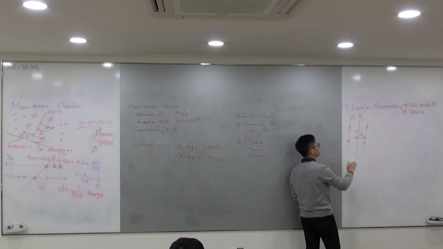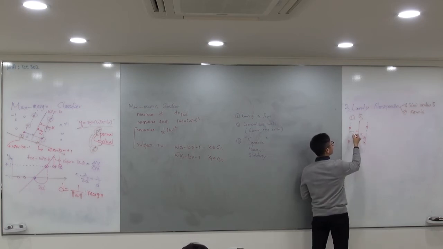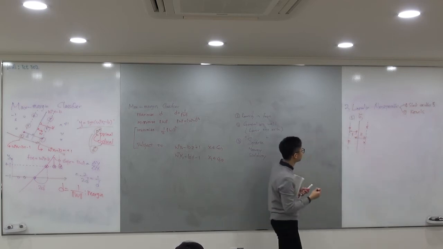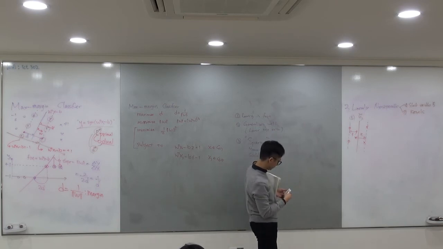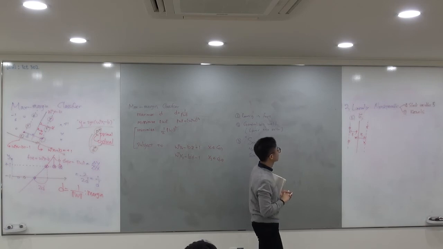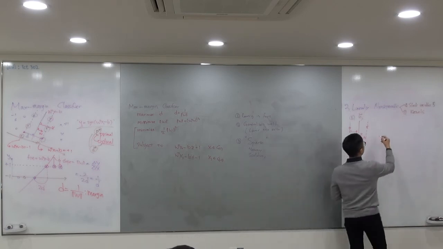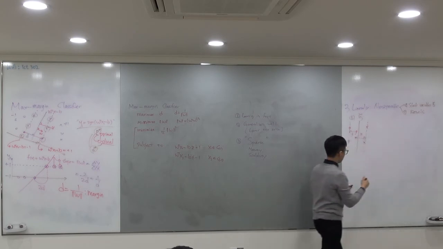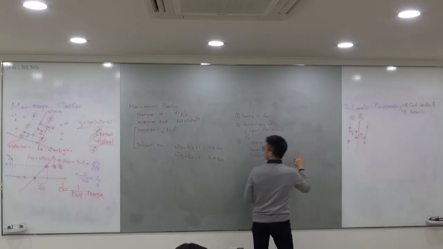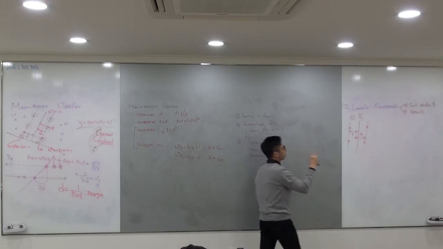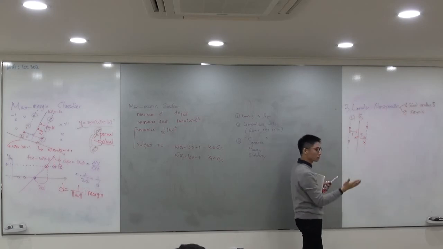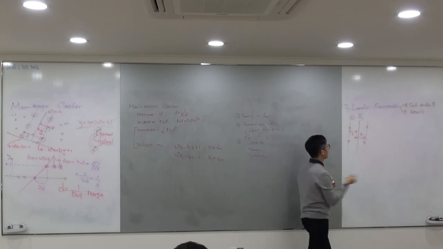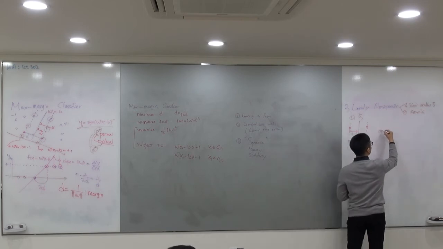We introduce slack variables for each example, the distance from where it should be, the degree of violation. So the optimization criterion is, while maximizing the margin, we want to minimize those kinds of violations. So we want to make a compromise between the two criteria.